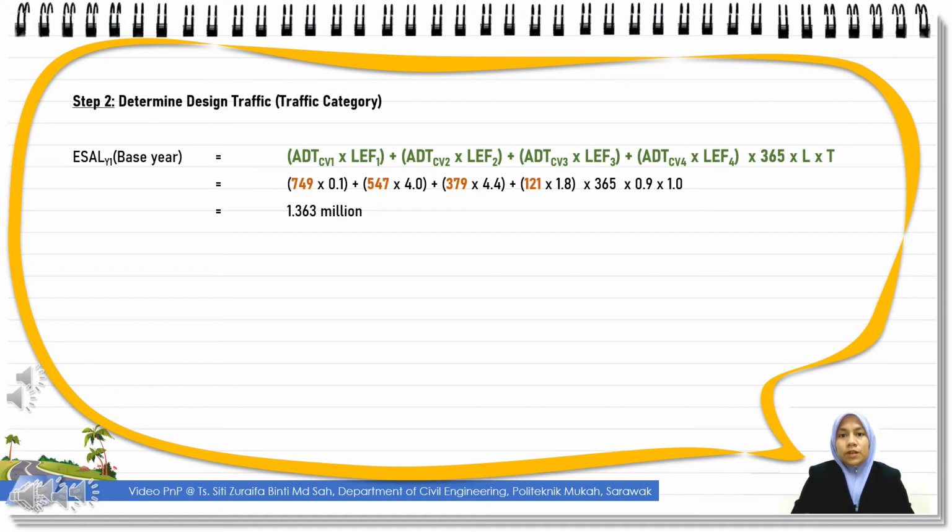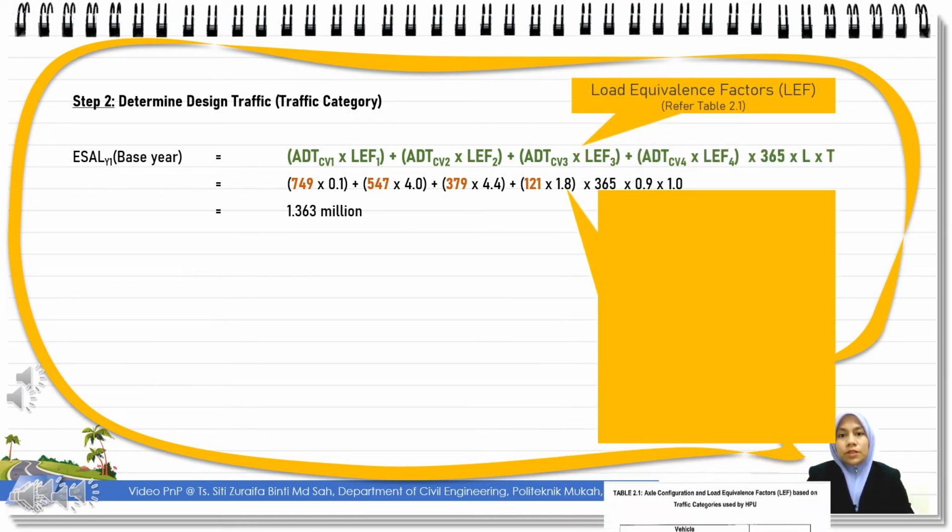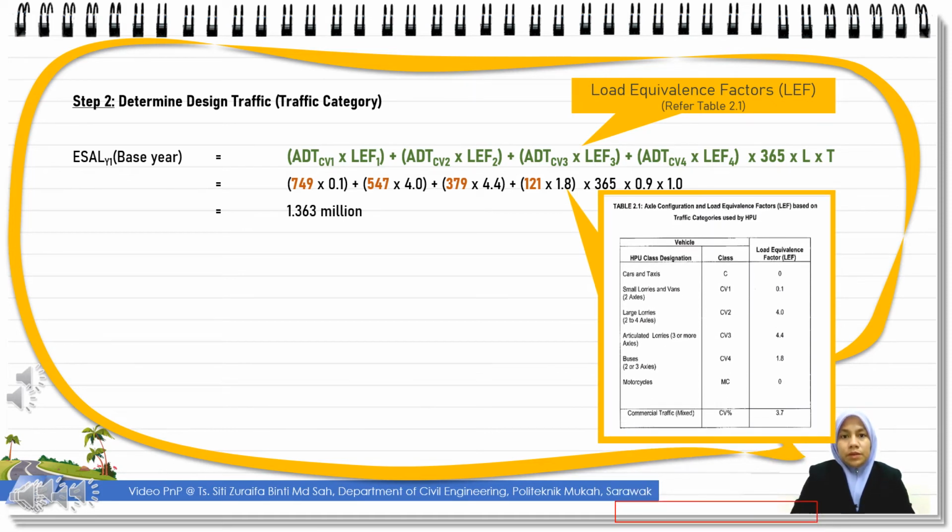To get the value of load equivalent factor LEF, you must refer to table 2.1. From table 2.1, if your HPU class designation is buses, then your load equivalent factor LEF is 1.8.